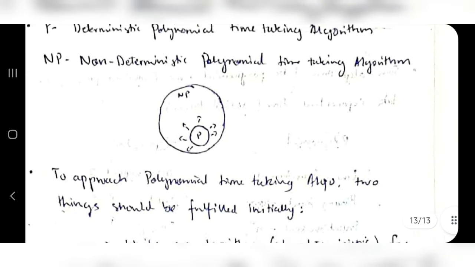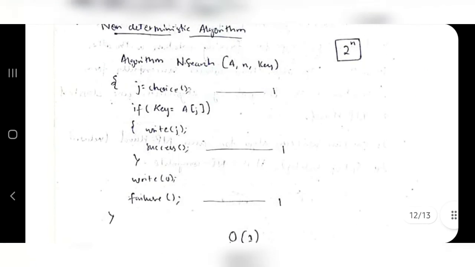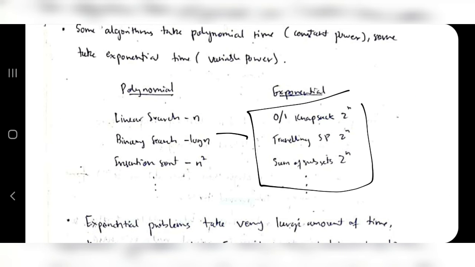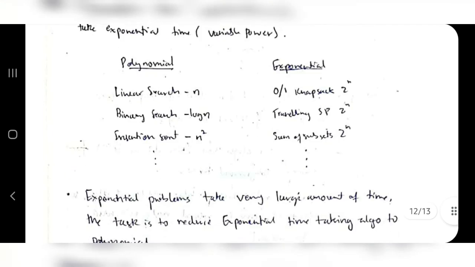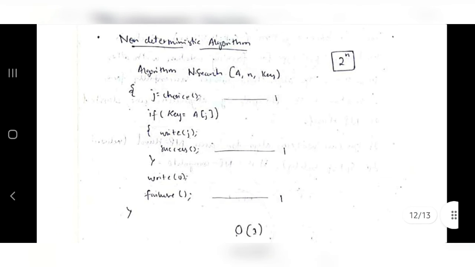The next thing is how to approach a polynomial time taking algorithm. See here, these are all exponential. To convert them into polynomial time taking algorithms, there are two guidelines. The first thing is you have to write a non-deterministic algorithm for it, which takes a constant or polynomial amount of time.